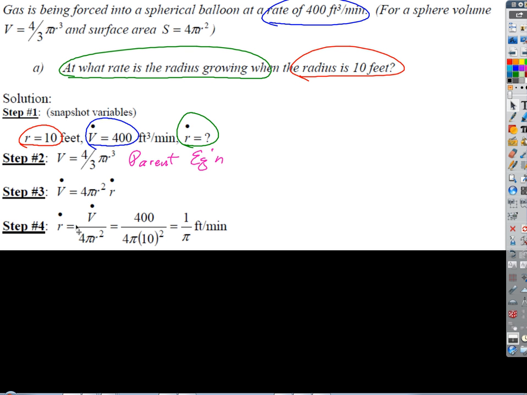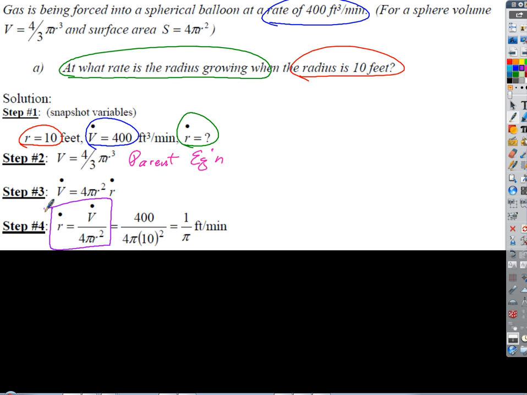Okay, you find something kind of interesting here too. Look at this part. I just want to draw your attention to something I think is kind of interesting. Look at this part right here. Look at that equation. So how is r dot related to v dot?